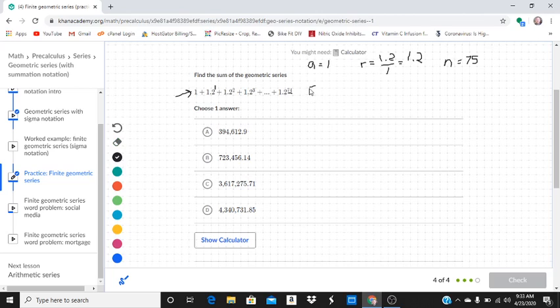So we're looking for the sum of 75 terms. It's going to be our first term 1, times 1 minus 1.2 to the 75th power, over 1 minus 1.2.